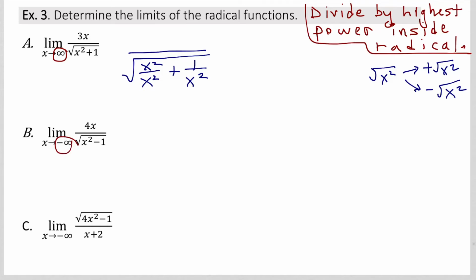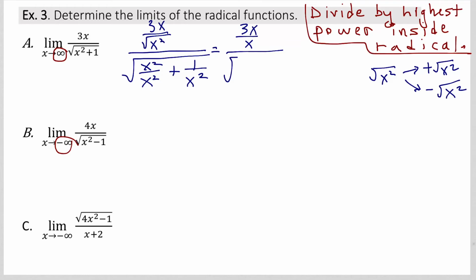So if you're approaching positive infinity, we're going to consider this case here where we had a positive x under the radical. So if I take my numerator, I've got 3x. I'm going to divide that by the positive square root of x squared. Right, that's just the same thing as dividing by x, right? All right, because we're talking about positive x's.